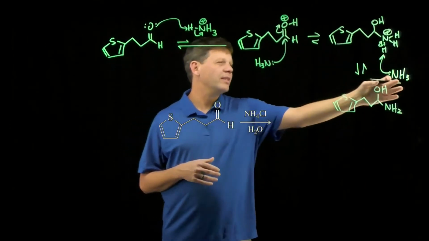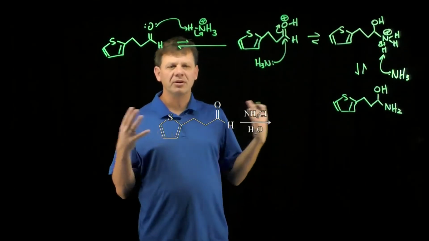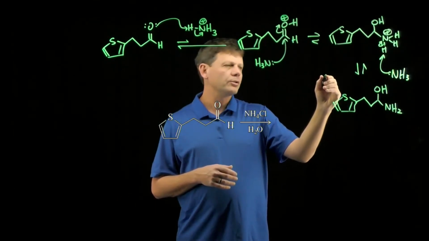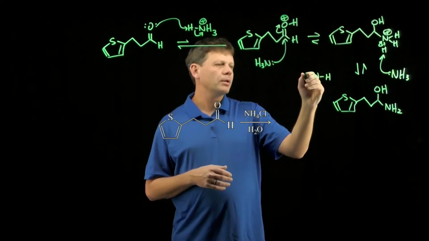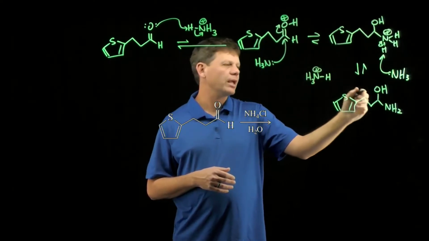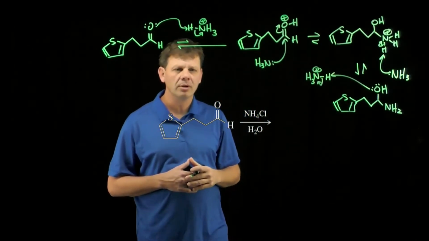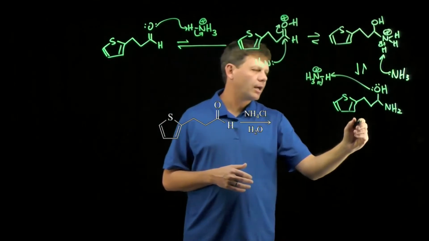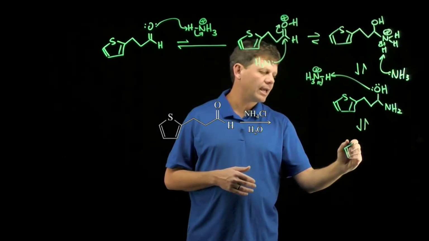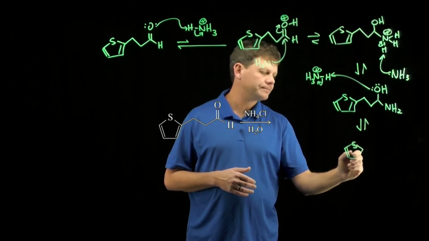Now, in this step, we would have made ammonium, so we still have more ammonium around. We could use a molecule of ammonium to do the protonation of the hydroxyl group. The idea being that we need to turn that into a better leaving group. If we do that reaction, we now have the following.